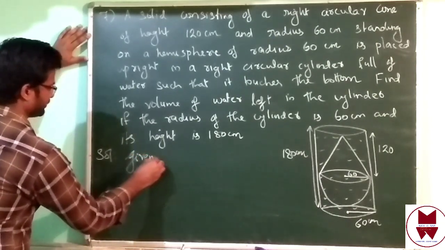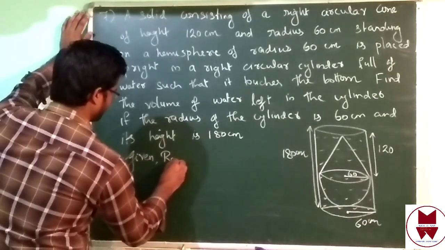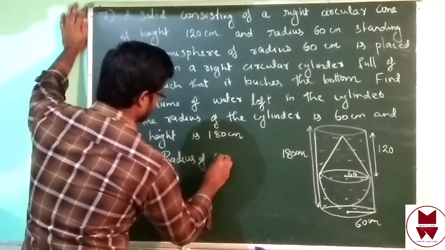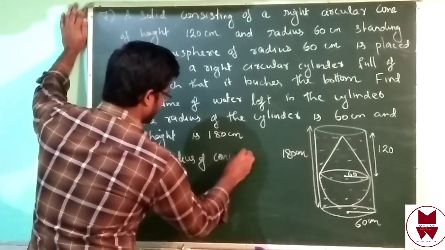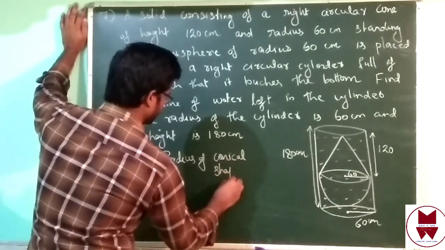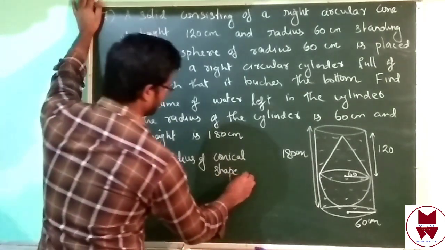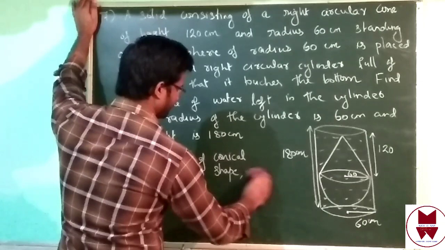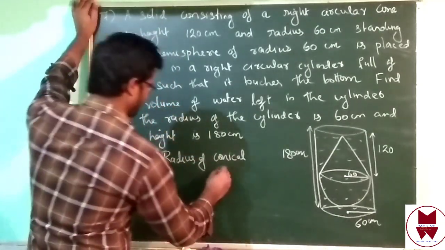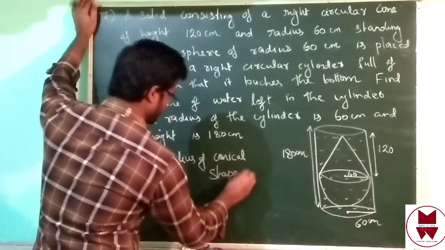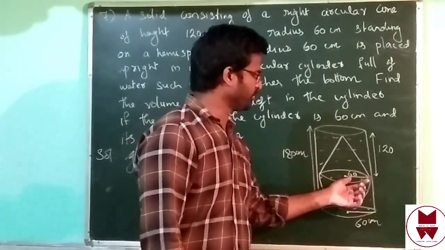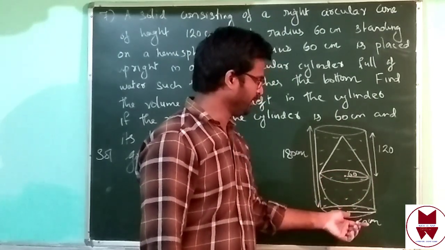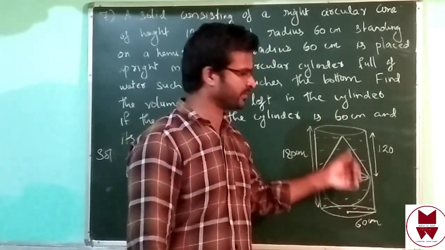Given: radius of conical shape. In here look, the radius of this conical shape and the radius of the hemisphere and the radius of the cylinder, everything is equal, 60, 60, 60, isn't it?